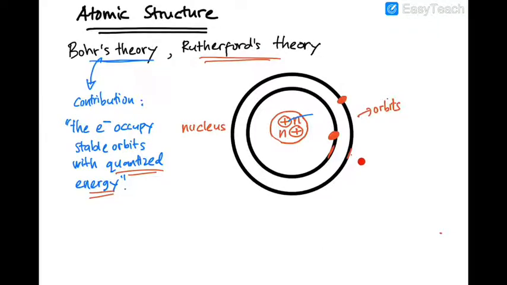Now, Bohr also theorized that the electrons occupy just one of the orbits in a stable manner, which they cannot deviate from without absorbing or emitting energy in the form of light. So now we will transition into the next topic.